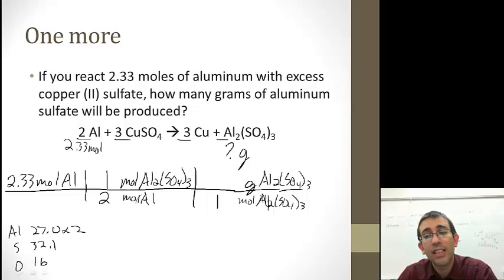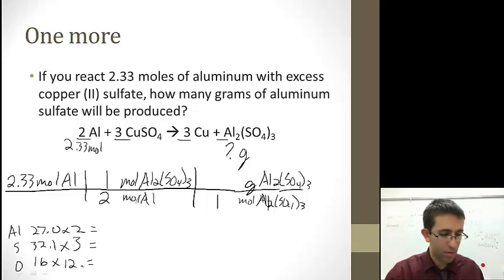Sulfur's inside of parentheses. The subscript here, if there's none, is 1. We got a 3 outside the parentheses, so we're going to multiply these. So, 3 times 1 is 3. Oxygen's got a 4 inside the parentheses, 3 outside. Multiply these together. That means we have 12 of these oxygens.